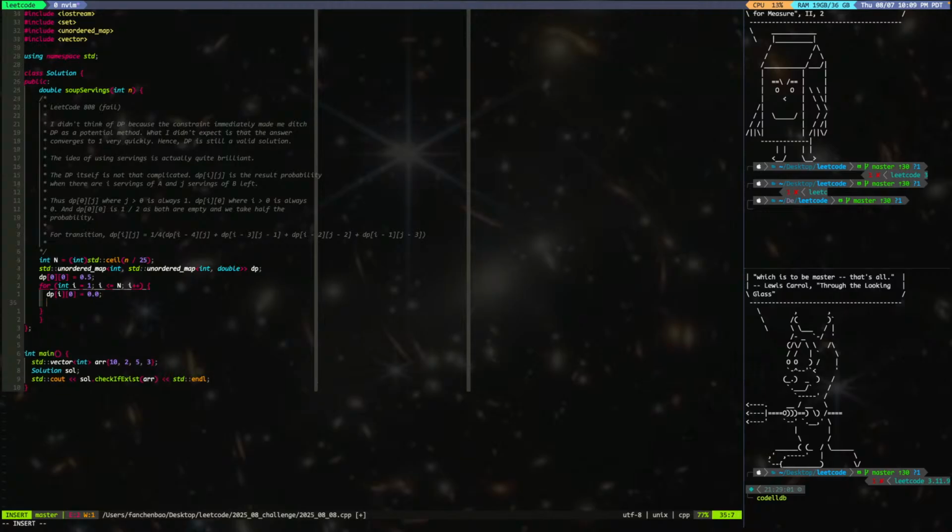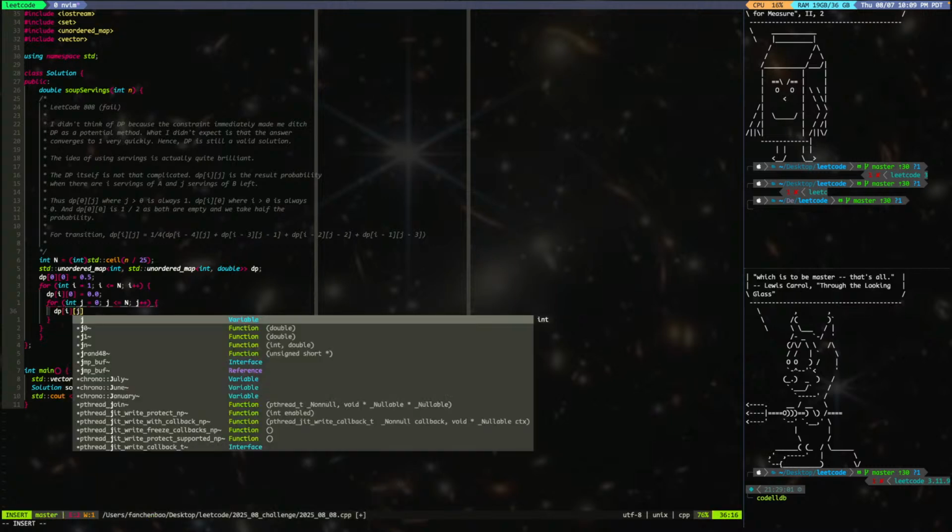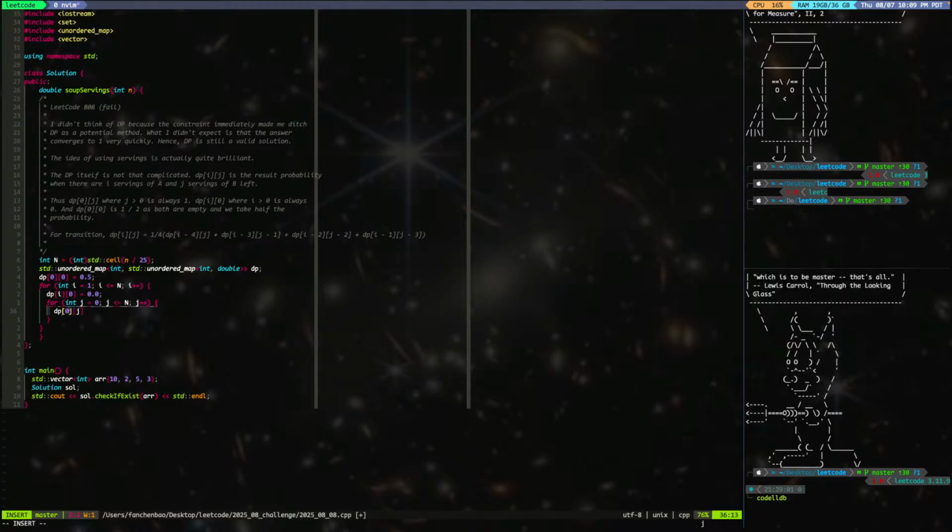And then what we're gonna do is we're gonna go j = 0, j smaller equal to n, j plus plus, right? Now for each one, say dp[i][j], no, dp[0][j] equal to 1.0.